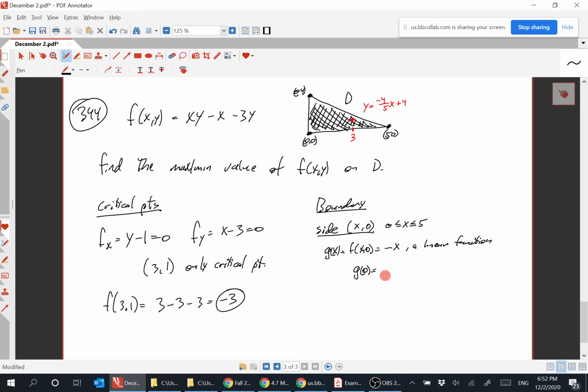So g of 0 is 0, and then g of 5 is minus 5. All right, so I've checked this point here, and I've checked this point here. And then there's no critical point inside because it's just a linear function. So that's the first side. Second side, we'll say 0, y.